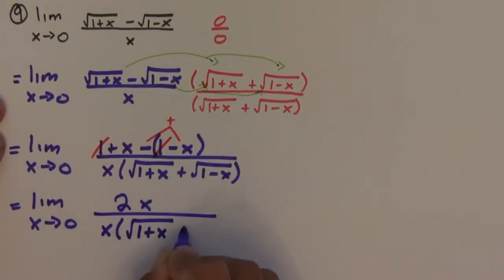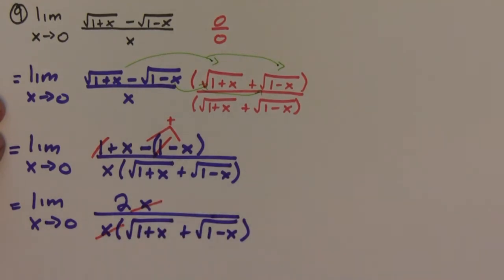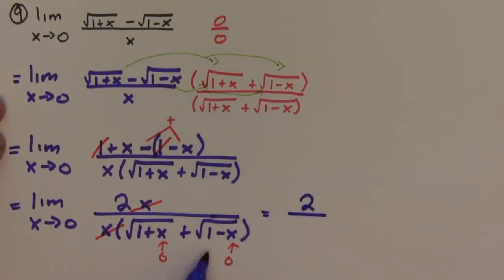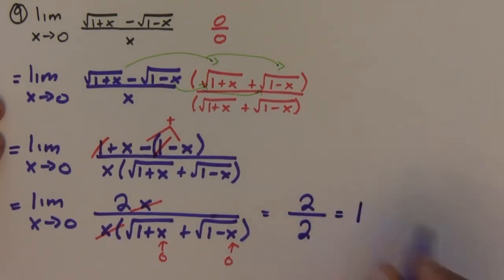I'm just rewriting it. Okay, and so I notice now that these x's cancel, and if I plug in 0 here, what I get is 2 over 2 or 1. That's my answer.